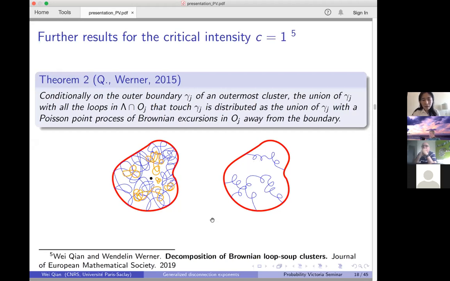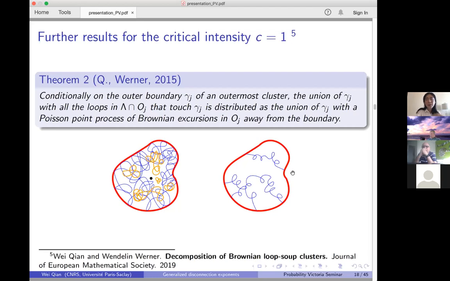So in other words, like on the picture on the left-hand side, we have these blue loops which come from a cluster in a Brownian loop soup. And then on the right-hand side, we take the same domain and we just sample a Poisson point process of Brownian excursions. And then we say these two, if you look at the trace, they have exactly the same law.